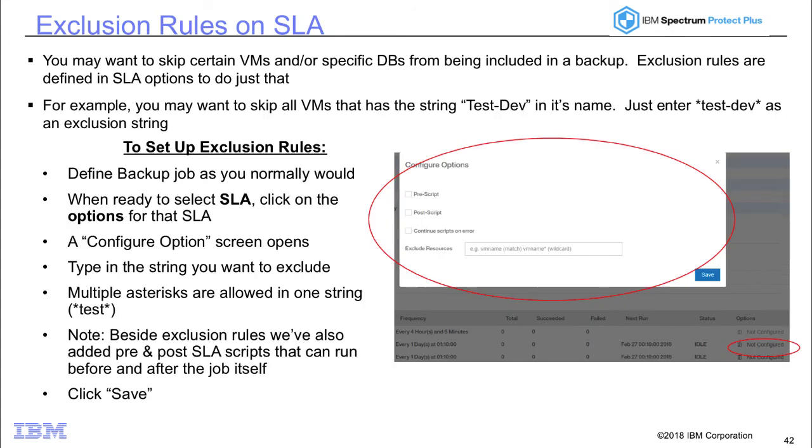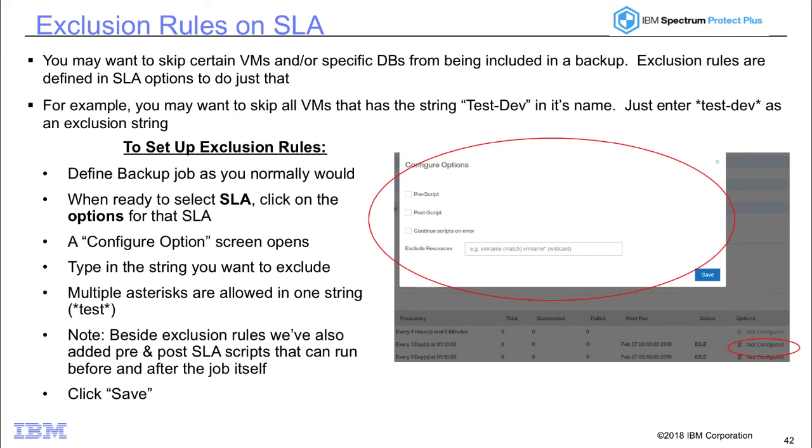Another way to exclude certain virtual machines from a backup job is to use exclusion rules. So for instance, you might want to exclude all of the machines that have test-dev in their name when you set up a backup job, and you can do that by just setting up the SLA to exclude virtual machines with a specific name.